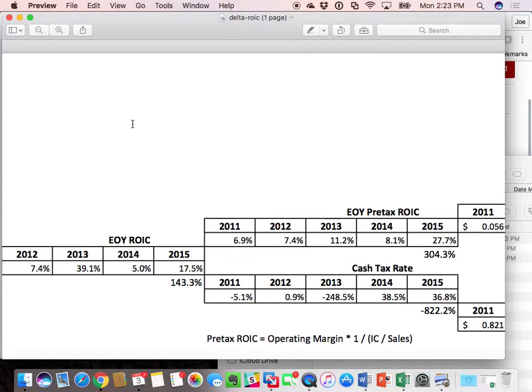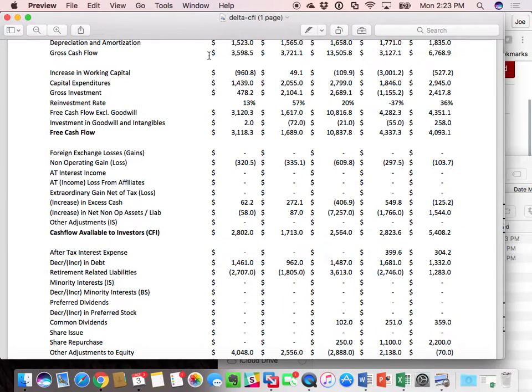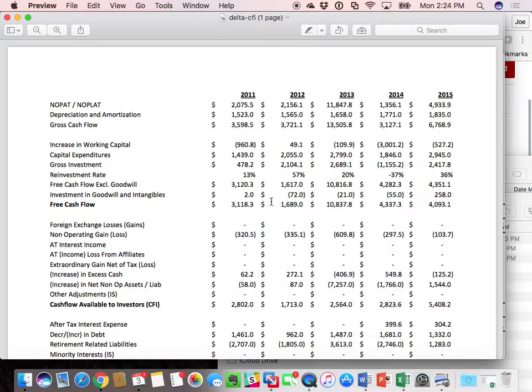So I switched over to the CFI at that point, and I looked at NOPLAT first because that's the first line item. In 2013, their net operating profit after taxes was 11,847.8 million, which is more than 5 times what it was in 2012.